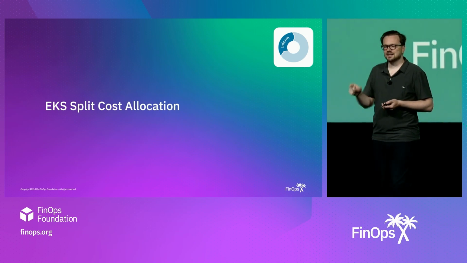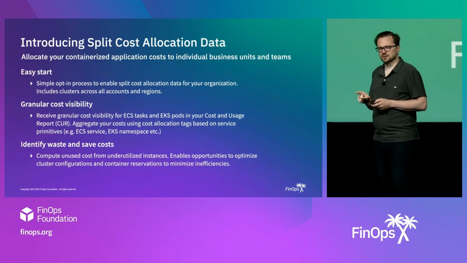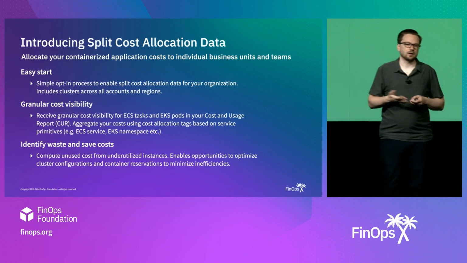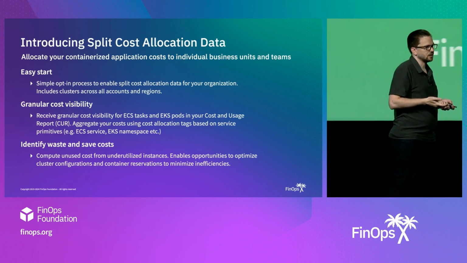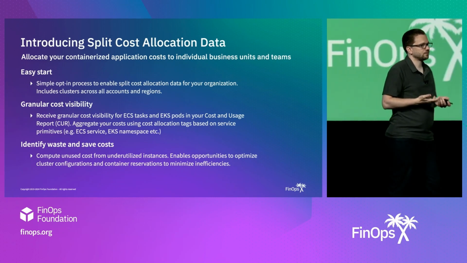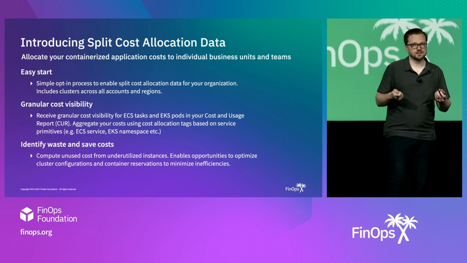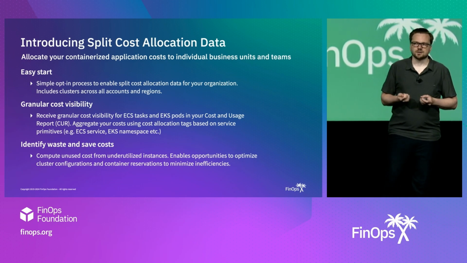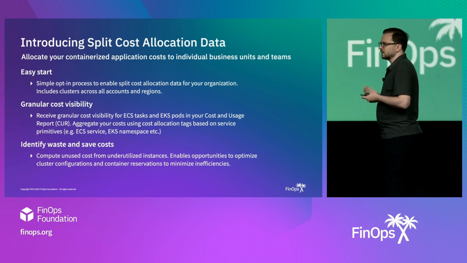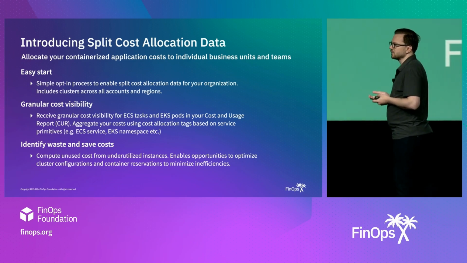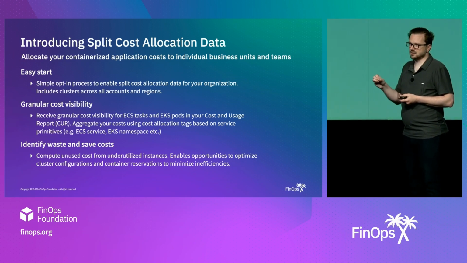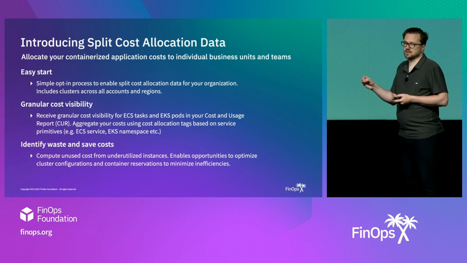The idea behind split cost allocation is that when you are running a lot of applications and a lot of pods in an EKS environment, it can be pretty difficult to break the costs out by different business units or applications. We wanted to address this problem by giving you the opportunity to break out individual pod costs in your CUR data export.